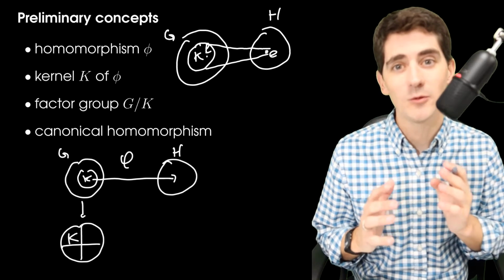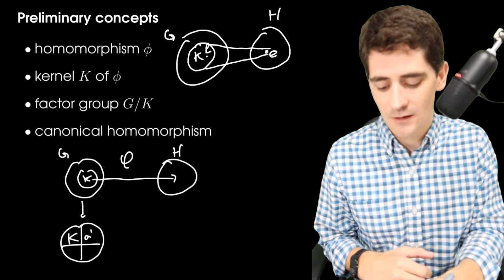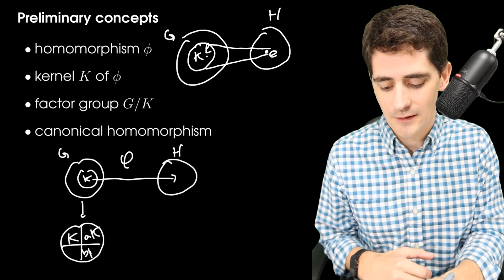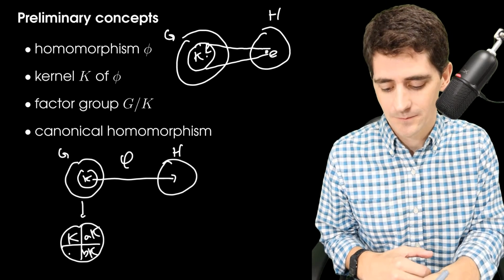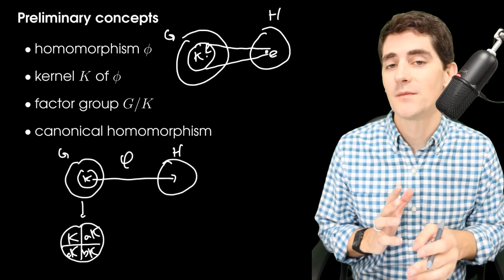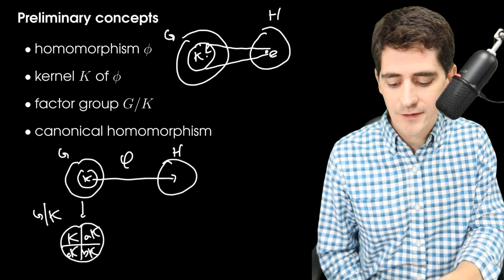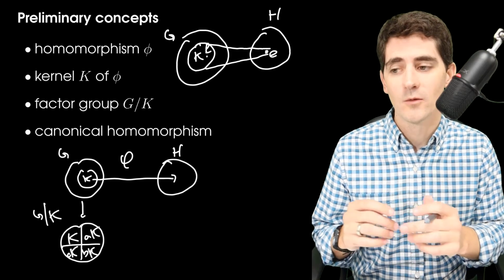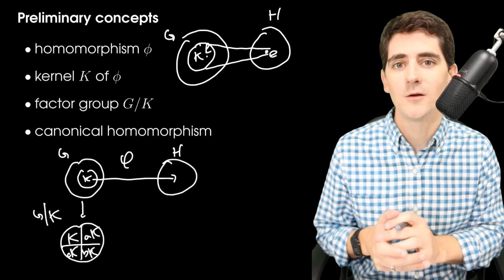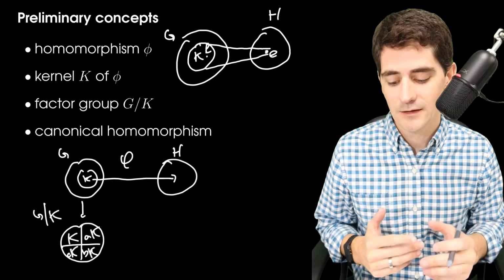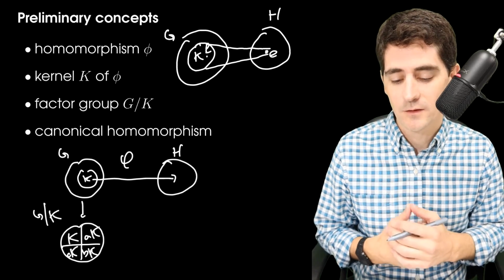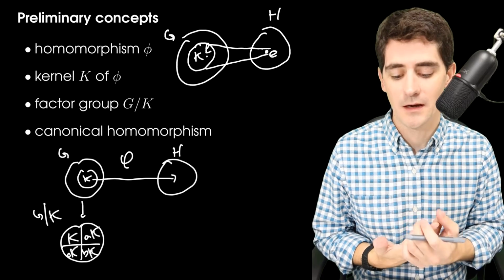The first one's labeled K, and the others are the cosets of K. Now, since it's a normal subgroup, it doesn't matter if we do left or right cosets, we get the same thing. And now I'm going to treat this as a group itself, where the elements are the boxes that I get from the cosets of K. So this is what we mean by the factor group G over K.